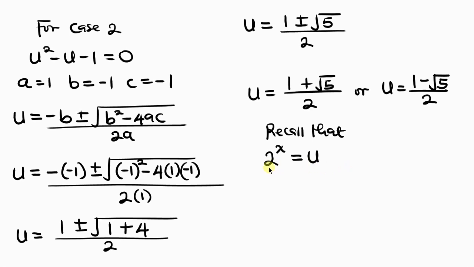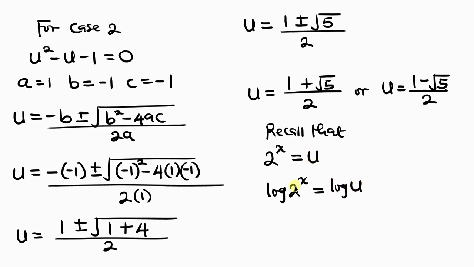So let's solve this. Since we have a variable as the exponent, we can decide to take the log of both sides. So I'll take the log of the left-hand side, which is 2 to the x, equal to the log of the right-hand side, which is log u.